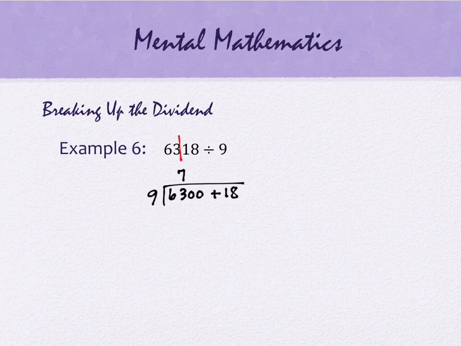And so we have the 63 showing up here, right? That's zeroed out. So these 2 zeros come up. So this is 700. So 9 goes into 6,300, 700 times. How many times does 9 go into 18? 2. So this is 702. Definitely not going to work all the time, but when it works, it's really nice.